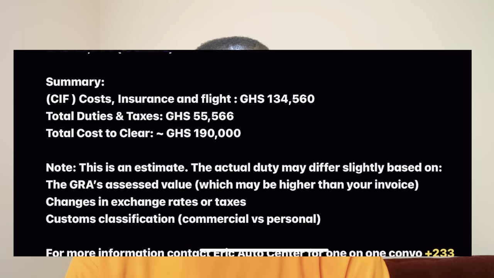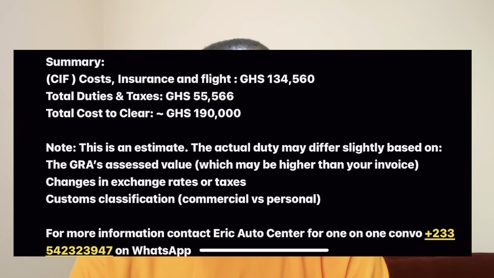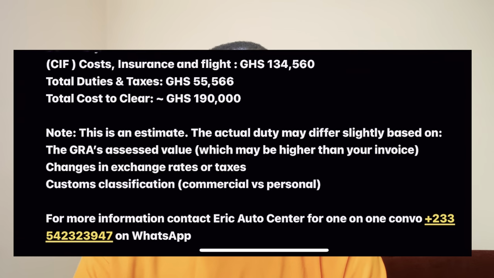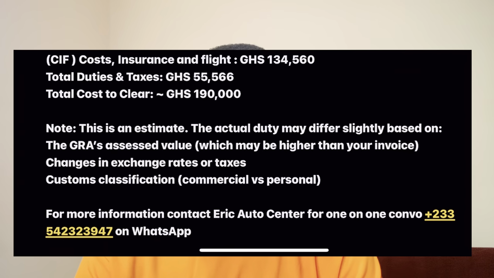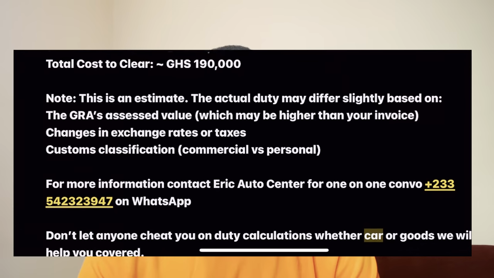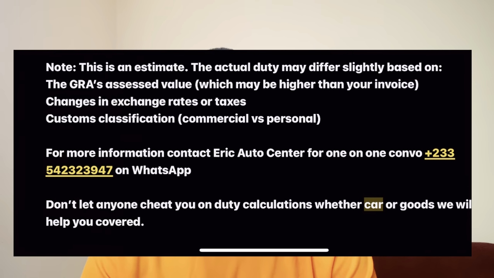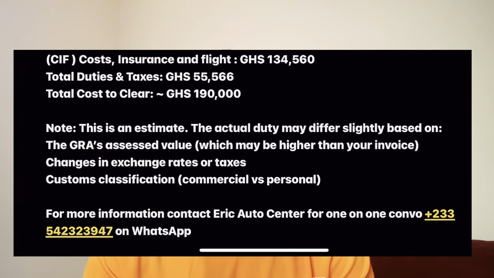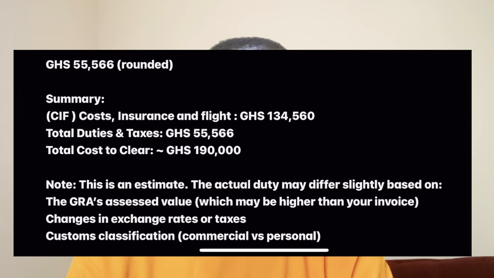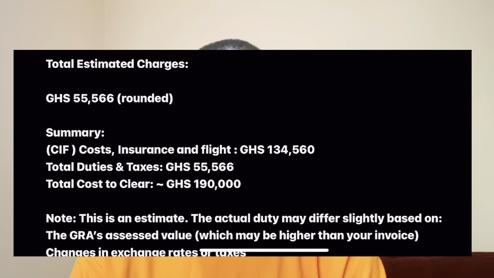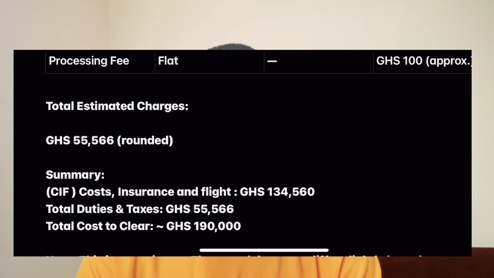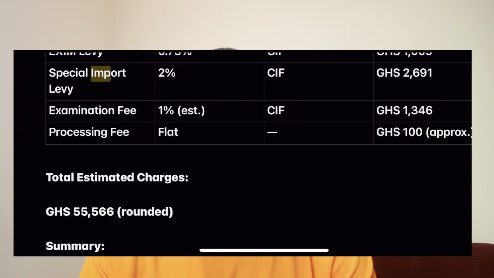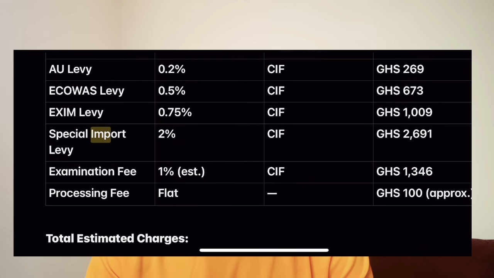We have GETFund levy, which is 2.5% rate, and the base value is what? CIF plus duty, which is cost, insurance, freight, and duty. The GETFund levy is 2.5% rate, which is 3,201 Ghana cedi also.